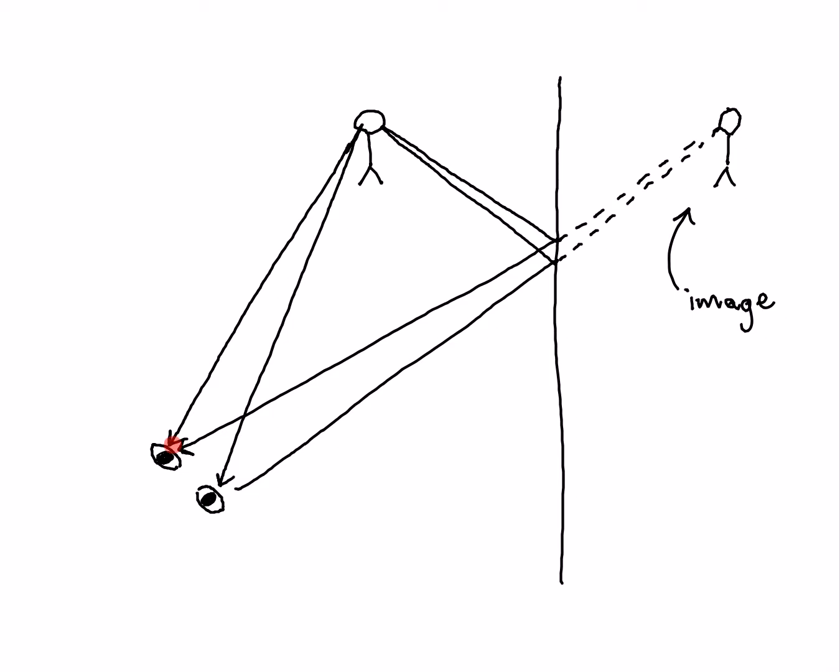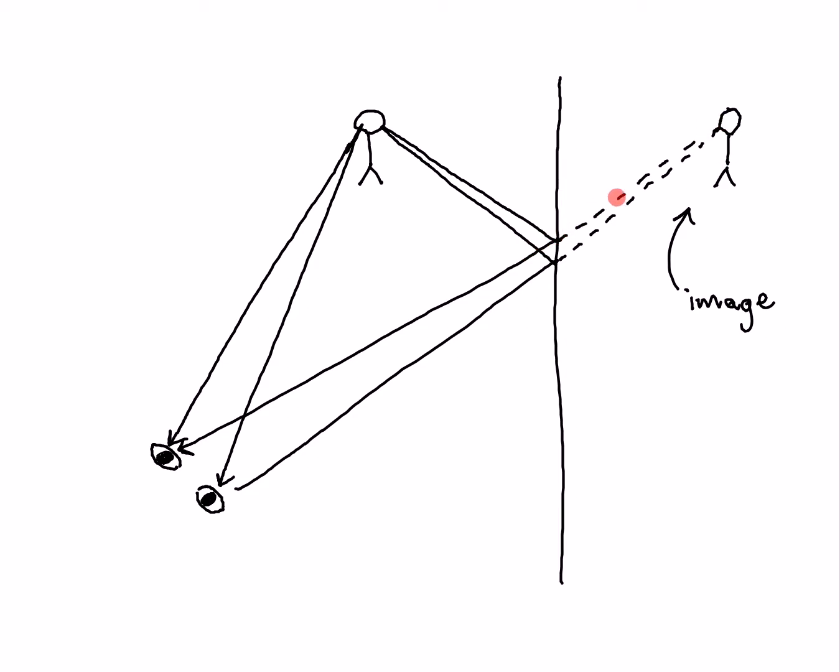Now note that these two reflected light rays don't actually intersect. The light rays incoming to the mirror do intersect, but the reflected light rays don't actually intersect. If they are extrapolated backwards behind the mirror, they do intersect.